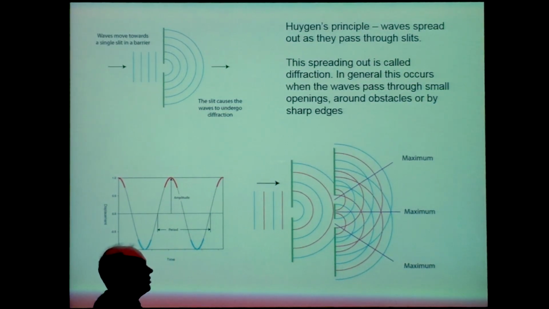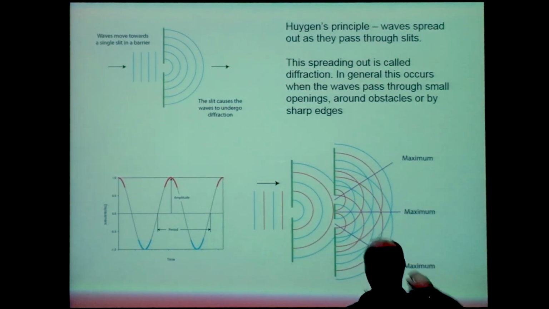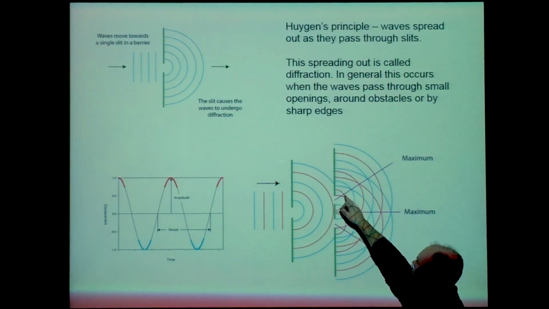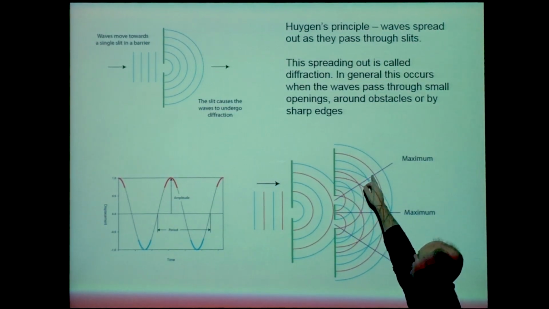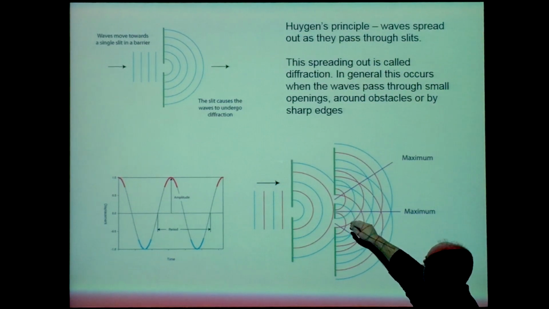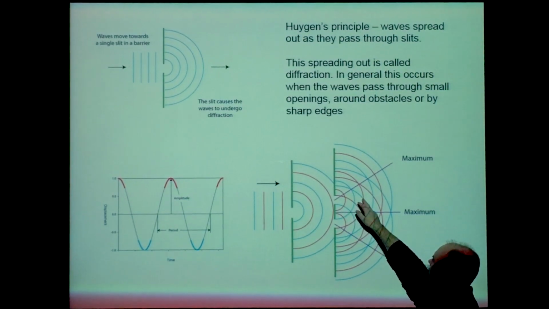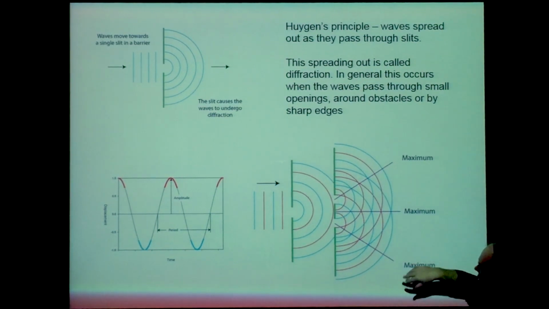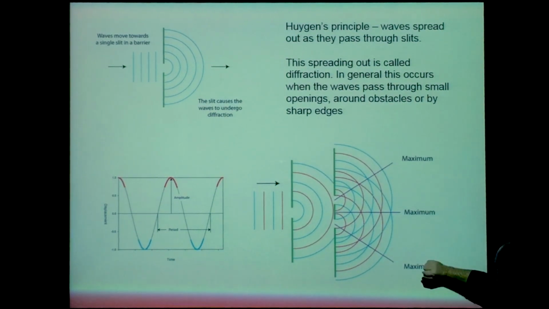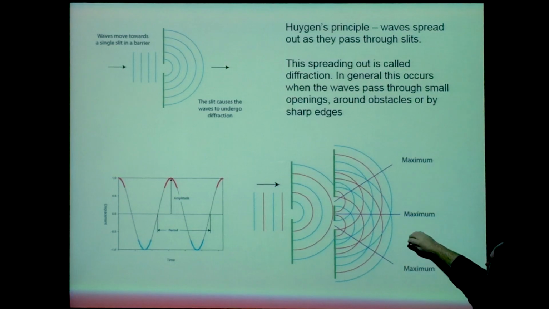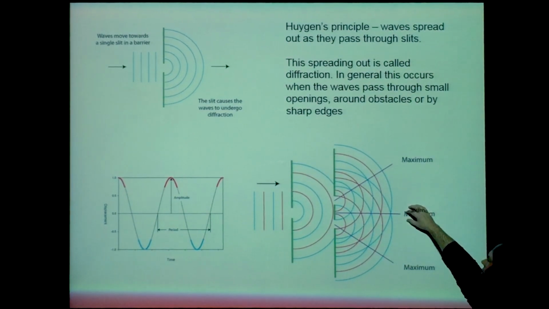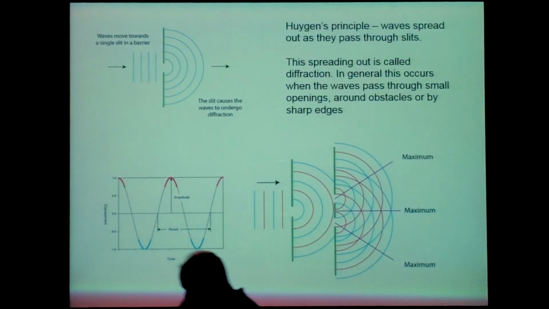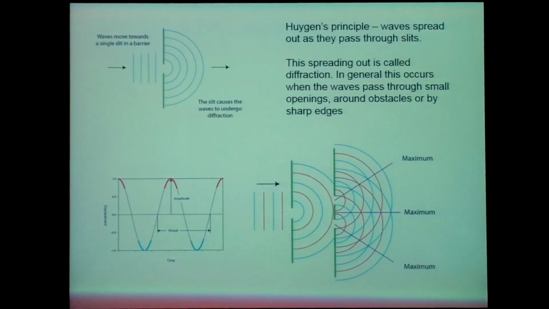And if you have a second set of slits here, you get the same propagation of these waves, and every time you get a peak, you get constructive interference. Every time you get a peak and a trough, in these cases here, you get destructive interference. So if you were to look at the light that's coming from this, you'd see a bright light here, no light here, a bright light here, no light there, and a bright light there. And that's the process of diffraction. That's a diffraction property.